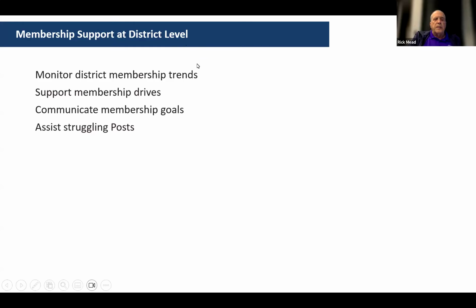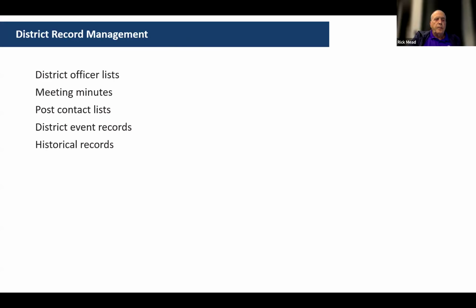All of those things should be items that can be helped at the district level as well as at the department level eventually. Again, maintaining those lists: district officers list, meeting minutes, contact list, event records, and historical records.